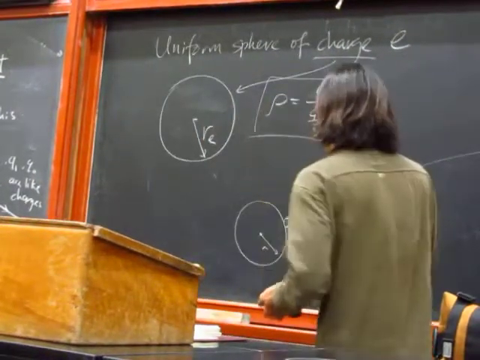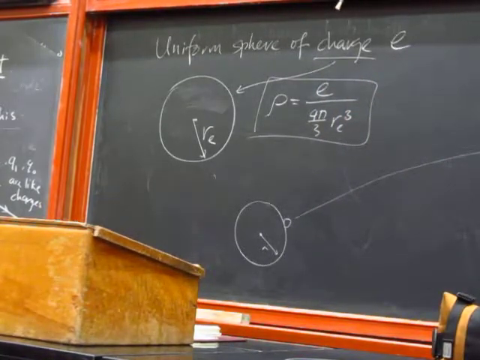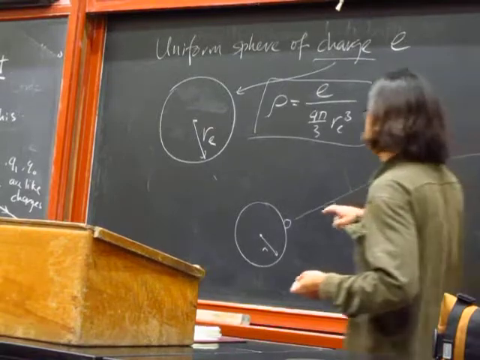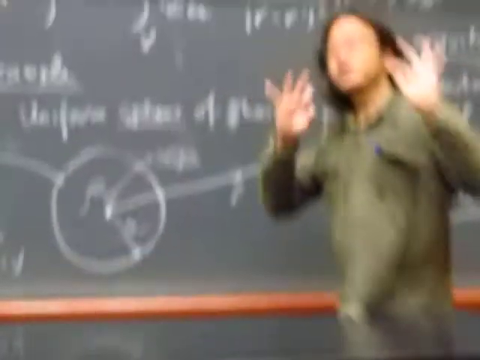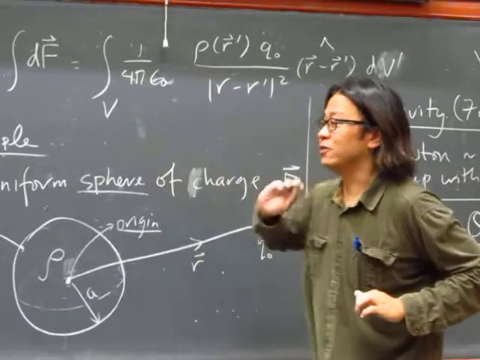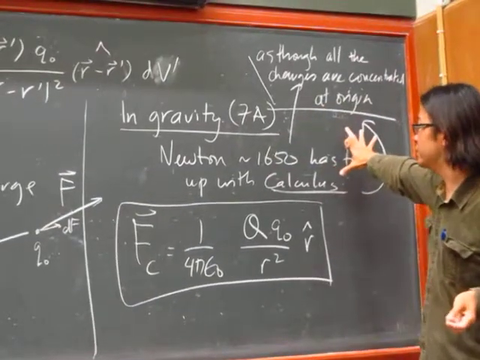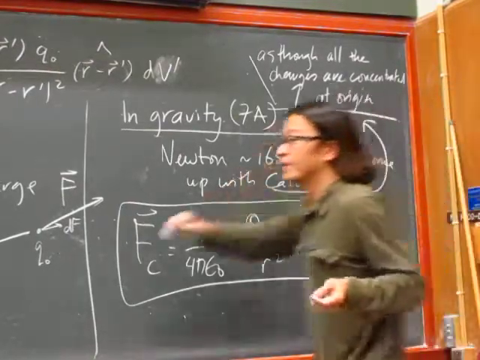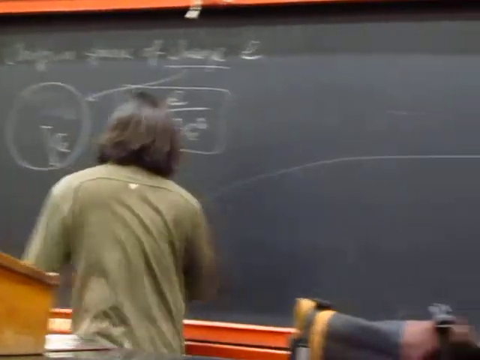So how do we do that? Eventually we'll know from Gauss's law, but hopefully I'll get to Gauss's law at the end of the class. Right now we just have to draw an analogy with Newton, that when you have something like this, the force is completely equivalent to this.